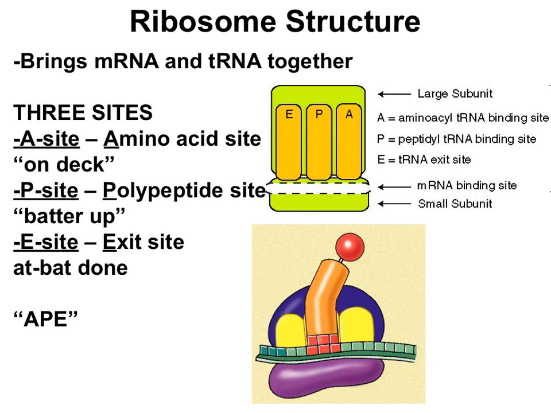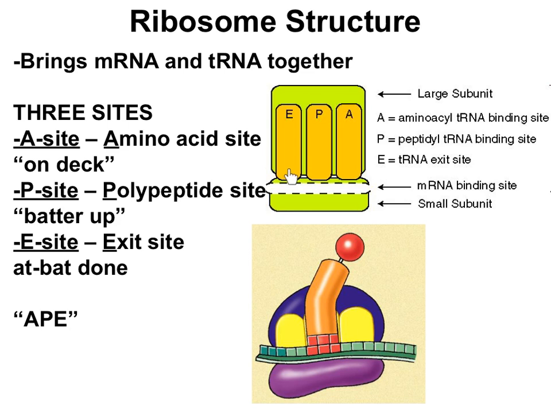These chambers are called the A site, the P site, and the E site. I want you to think of the A site as the amino acid site, because that's where the amino acids first come into the ribosome. Think of the P site as the polypeptide site, because that's where the amino acids are joined together to make a polypeptide.